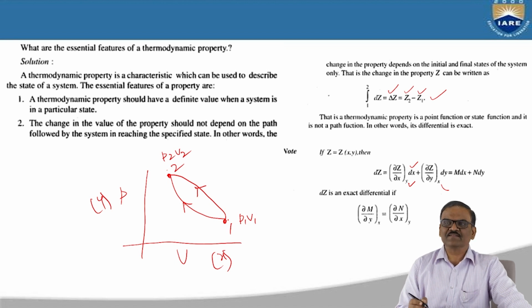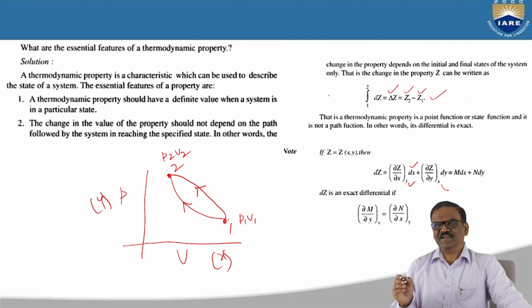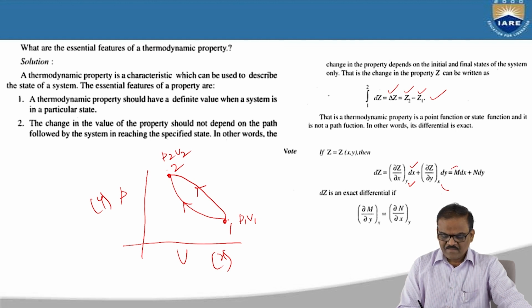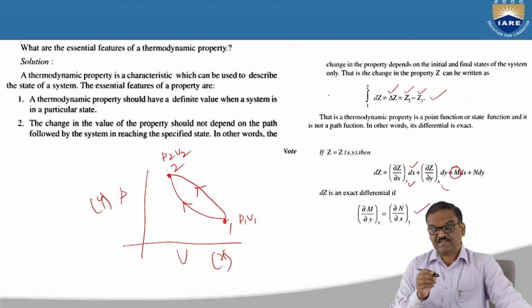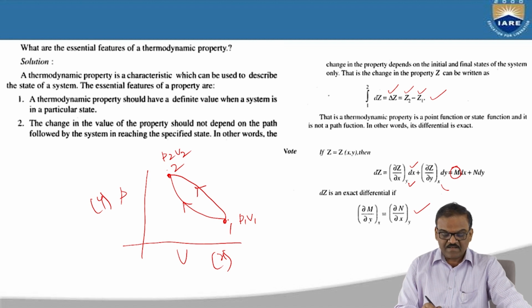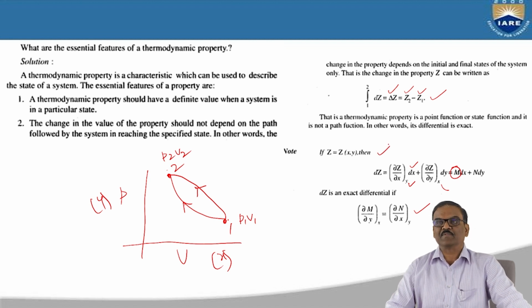Then it can be written as M dx plus N dy, where M is dou z by dou x and N is dou z by dou y. If dou M by dou y with respect to x is equal to dou N by dou x with respect to y, if they are equal, then dz is an exact differential, then z is a thermodynamic property.